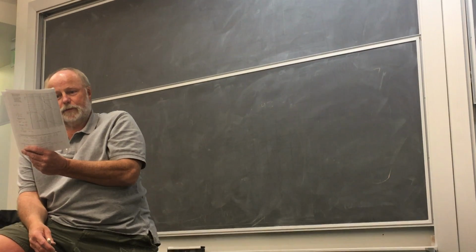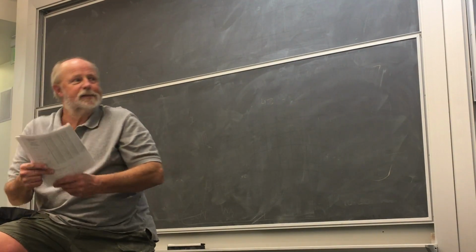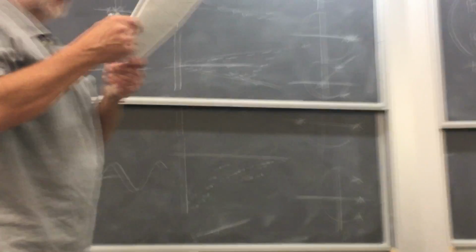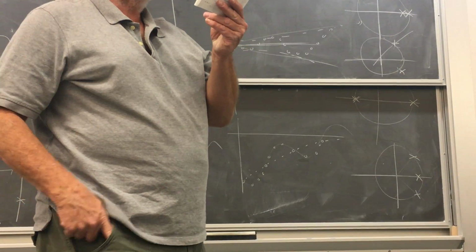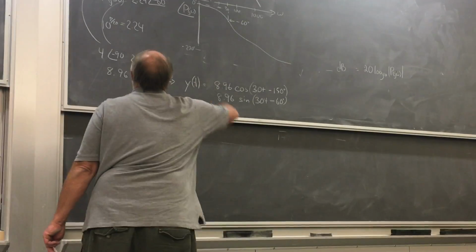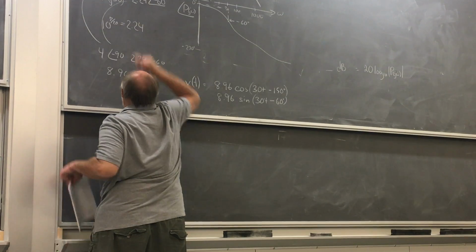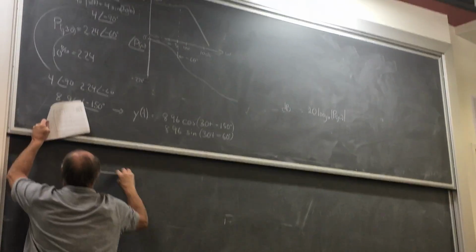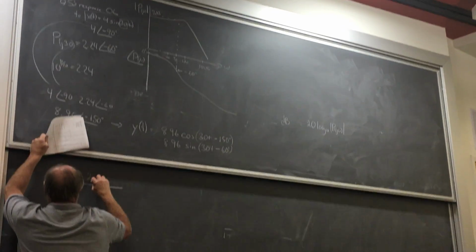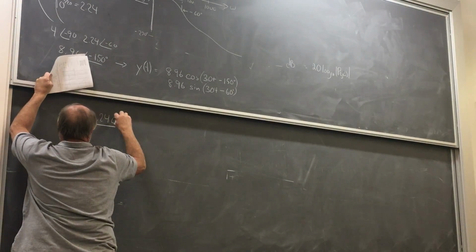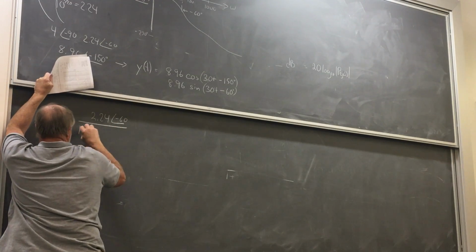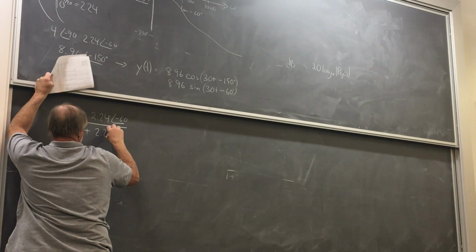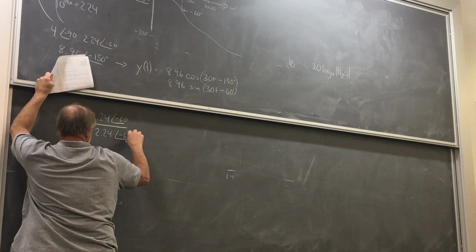Yes, Steve. So for part D, would you just do P of... let me read part D. D is give the steady state response of the closed loop system to the same input. So, do we have to take more data from the graphs, or have we already got it? The only difference is for the closed loop system, we have a new transfer function, which is 2.24 angle negative 60 divided by 1 plus 2.24 angle negative 60.